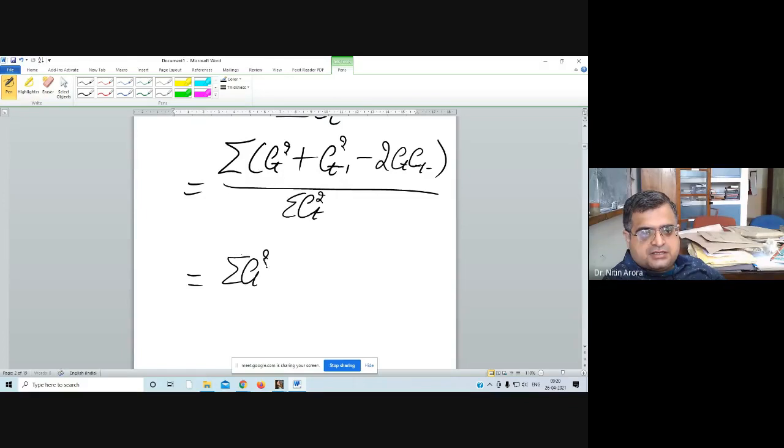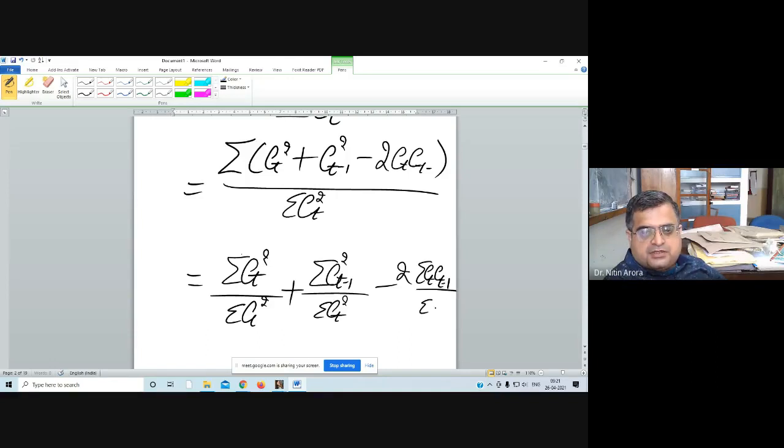So can I write it as summation Et square upon summation Et square, plus summation Et minus 1 square upon summation Et square, minus 2 summation Et Et minus 1 upon summation Et square?